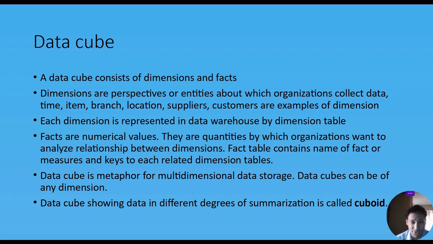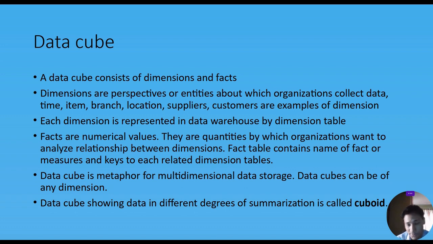Each dimension is represented in the data warehouse by a dimension table. Facts are numerical values. They are quantities by which organizations want to analyze the relationship between dimensions. A fact table contains the name of the fact or measures and keys to each related dimension. Facts are actually the summarized values.